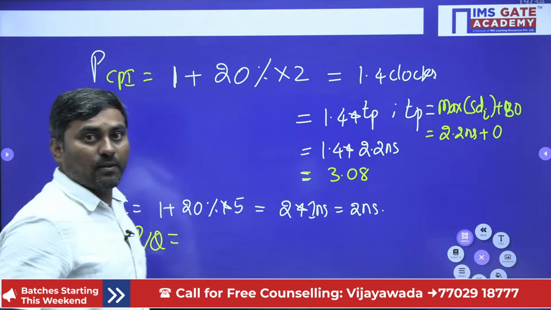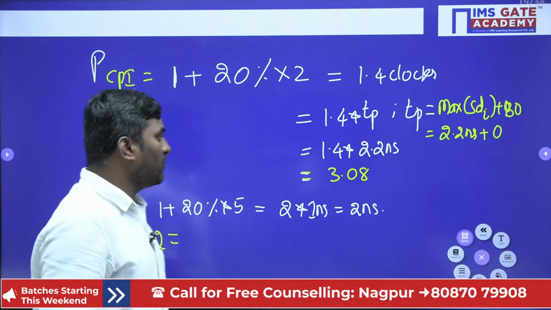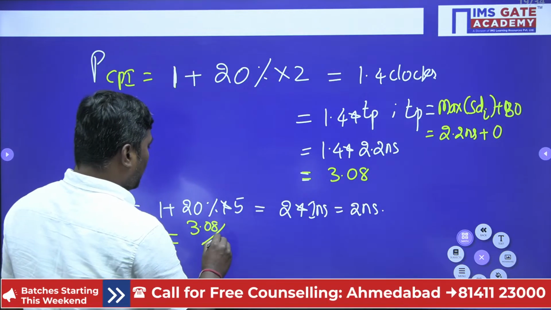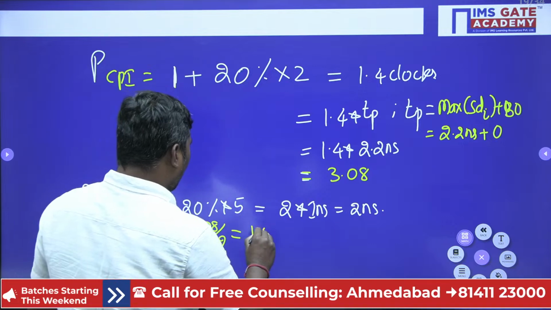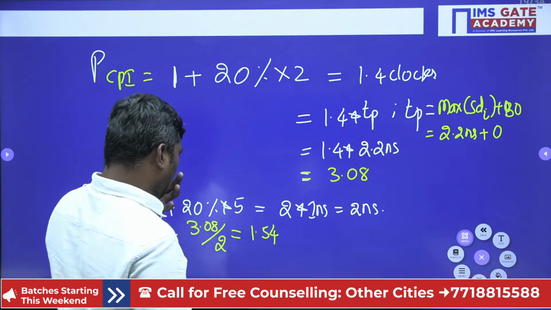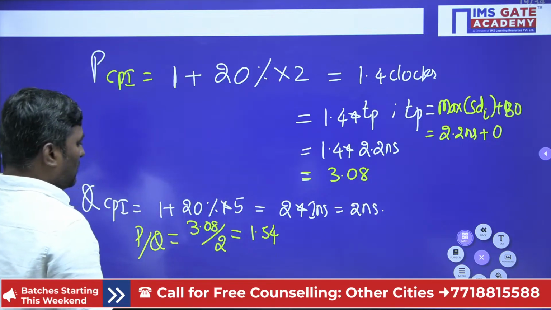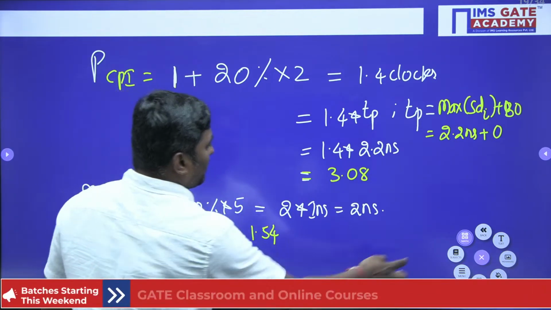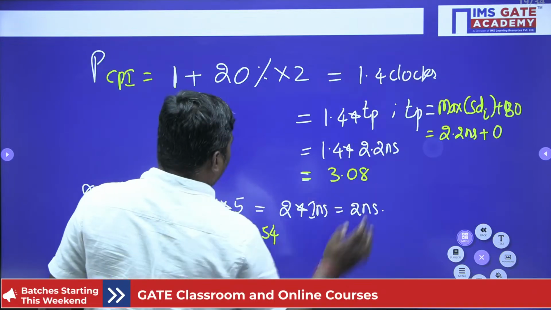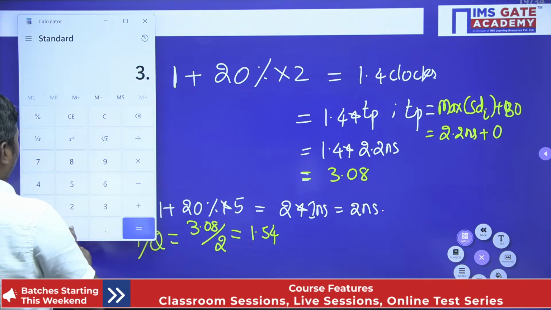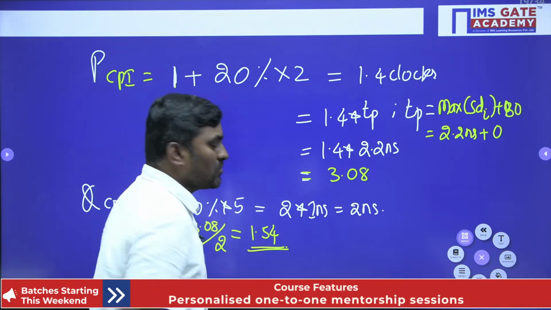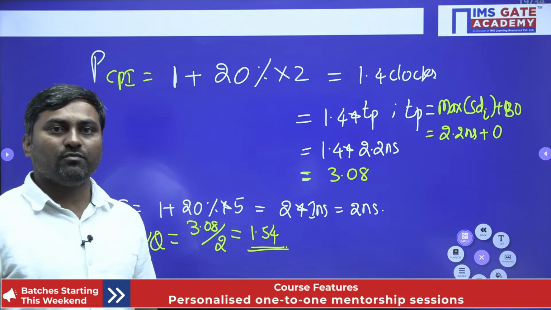P by Q only. So 3.08 divided by 2 is going to be 1.54. Sorry, how much will it be? 1.54 only, right? 3.08 divided by 2 is 1.54. Yes, this is correct. 1.54 is the right answer for this question.